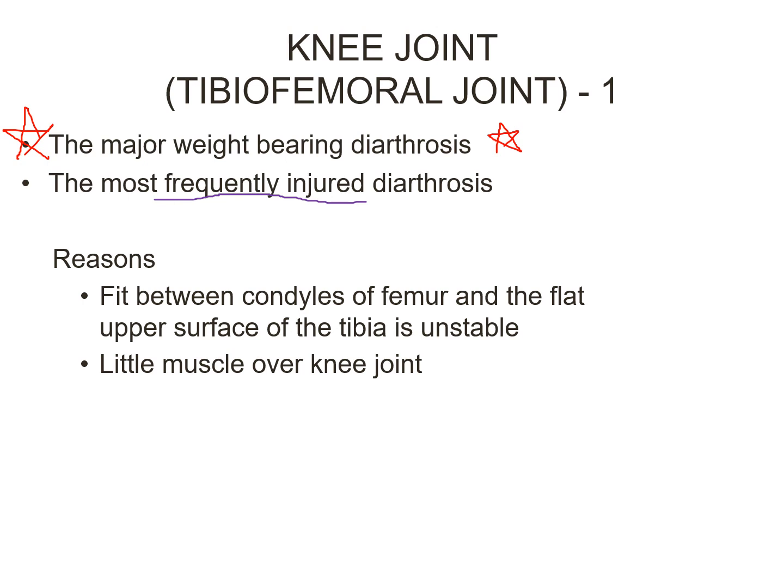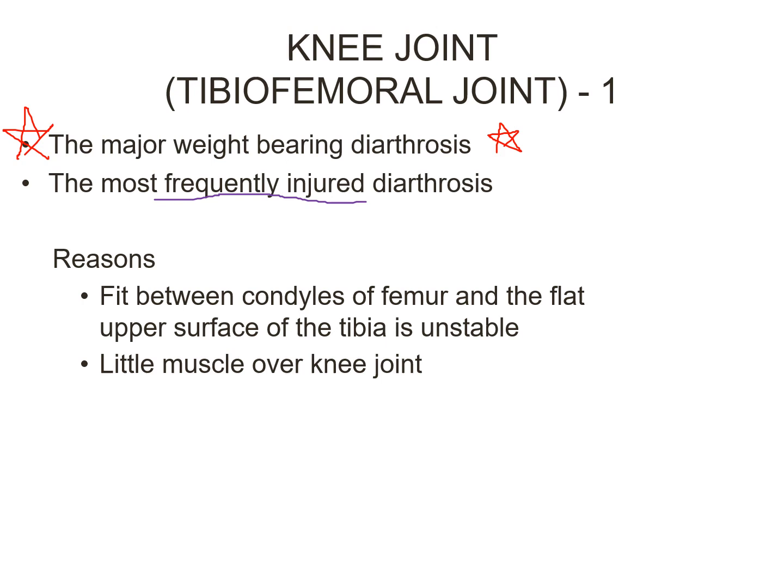We also have very little muscle over the joint. Yes, we have our very big quad muscles and our very big hamstring muscles that move the knee, but where they insert, it's a very tiny portion. They insert on the tibia and the fibula, but it's a very small portion where they insert on the bones. So it's not a lot of muscle actually covering the joint itself.